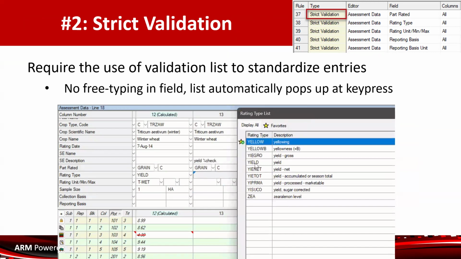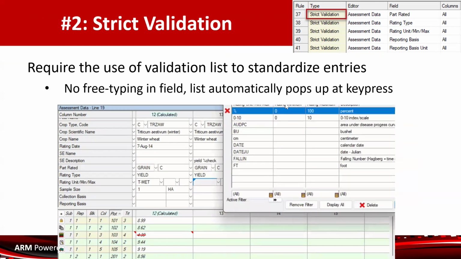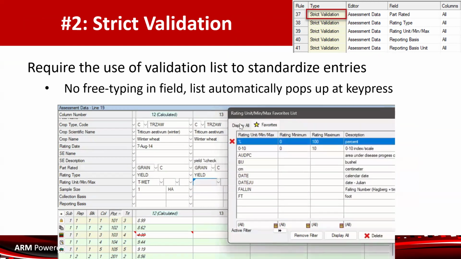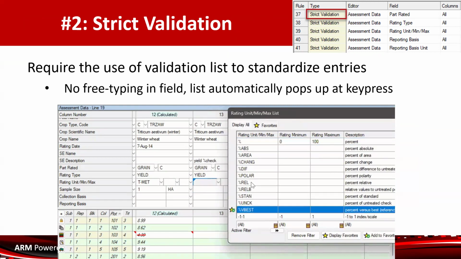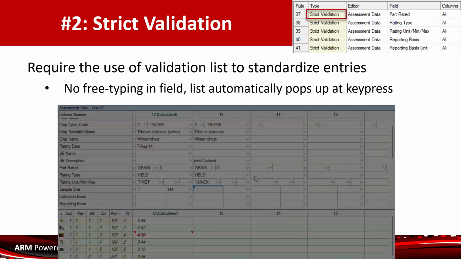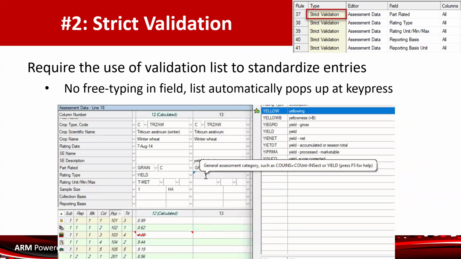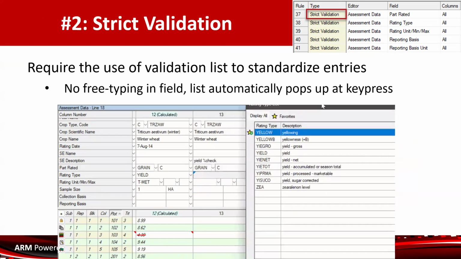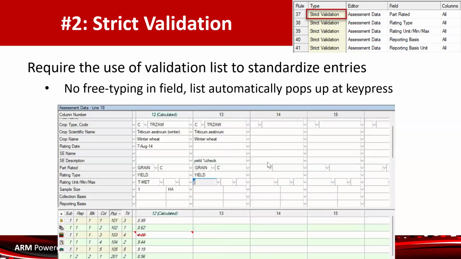In this case, I've got the part rated, rating type, rating unit. Those all have to come from the list. I don't want somebody hand typing something in. So on the screen there, you can see if I click into that field, even if I just try typing on my keyboard, the list automatically pops up. The box itself does not allow for typing. As soon as I type, the list just comes up to say, hey, there is no typing here. You need to choose from the list.